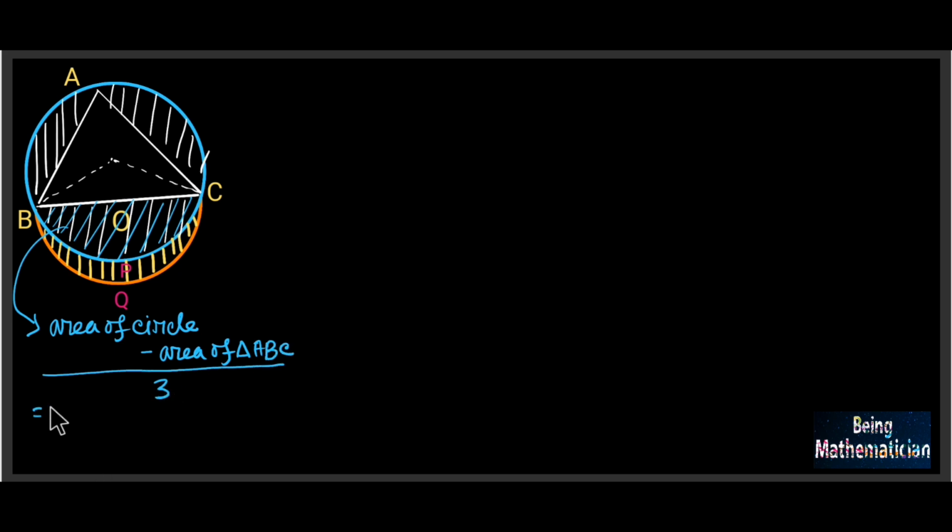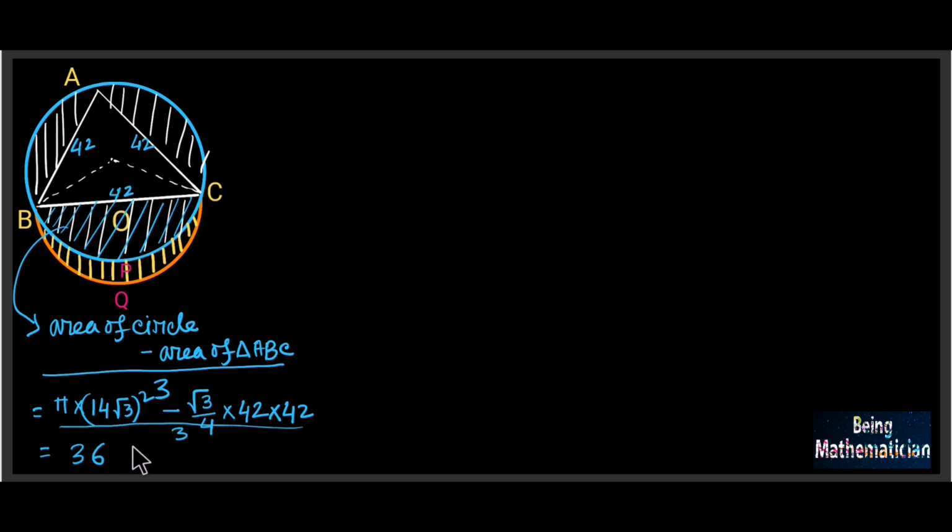So now let's find out. Area of the circle is pi r square, means pi into 14√3 square, minus area of the triangle is √3/4 into 42 into 42, since we know that each side of the triangle is 42. Now it is calculated as 361.396 centimeter square.